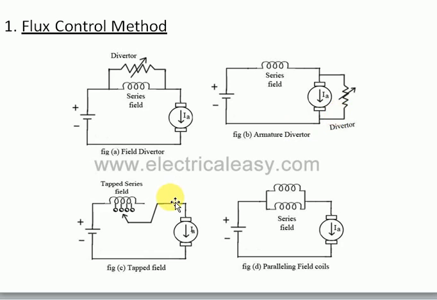In the third case, the coil is tapped; if we change the tapping, we change the amount of coil utilized, and due to this we can control the field winding. If the flux production is less, then speed can also be controlled.